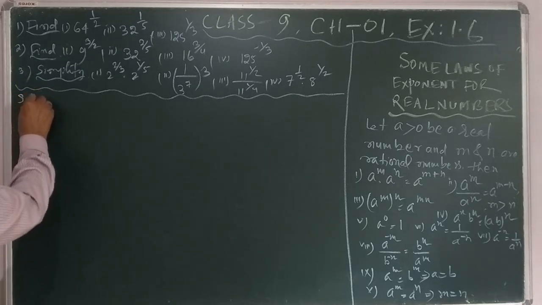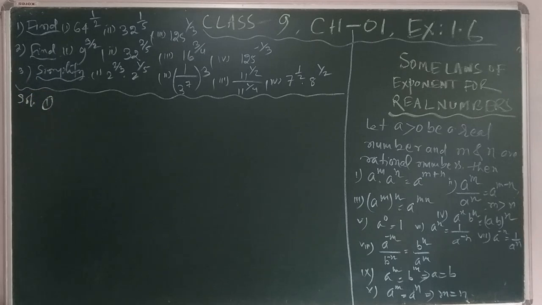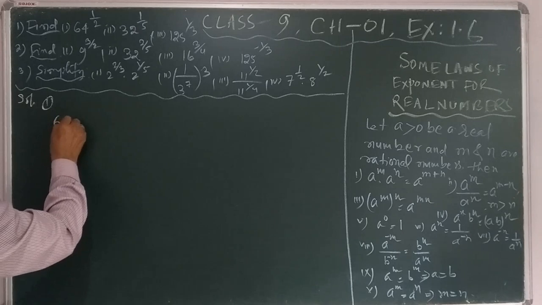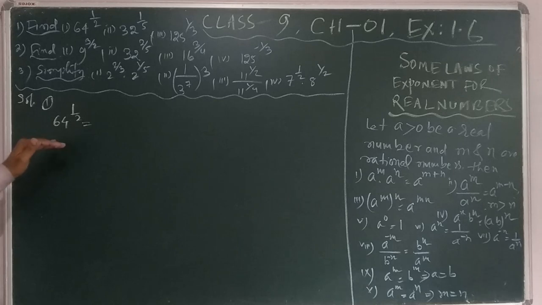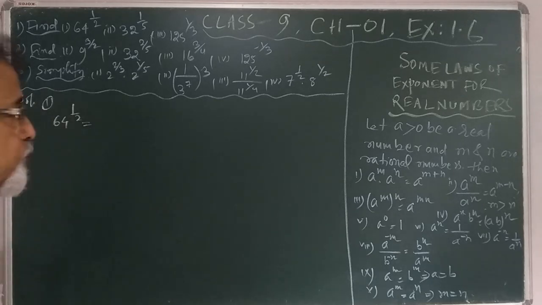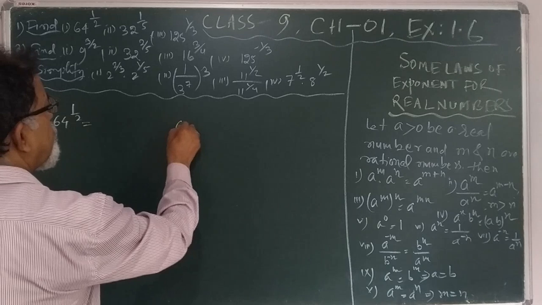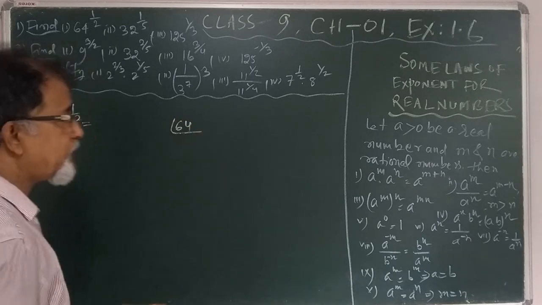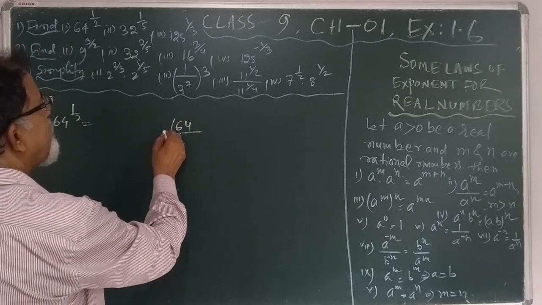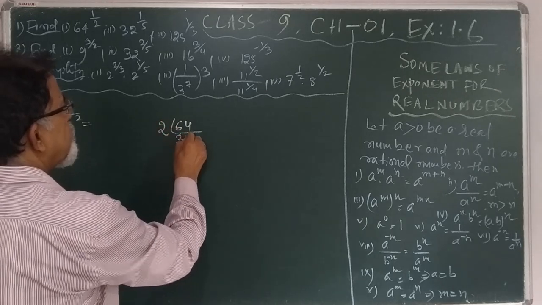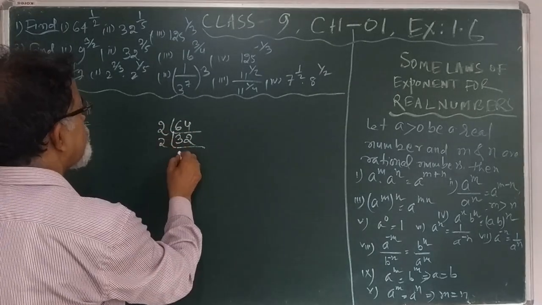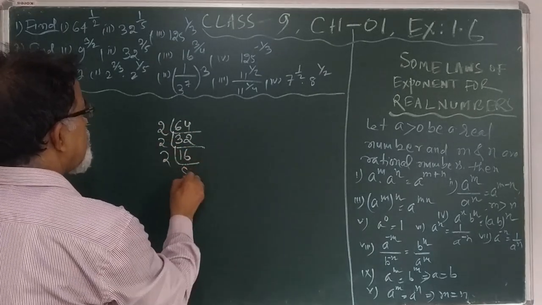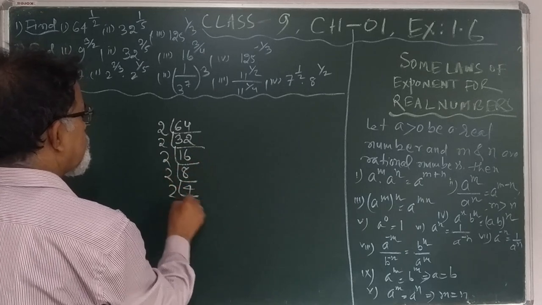Solution number 1. Question number 1 is find 64 whole to the power 1 by 2. 64 whole to the power 1 by 2 can be written using the prime factorization of 64. 64 is an even number and therefore 2 will be a prime factor of 64. 2 times 32 is 64, and 32 is an even number, so 2 must be a prime factor of 32. 2 times 16, 2 times 8, 2 times 4, 2 times 2.